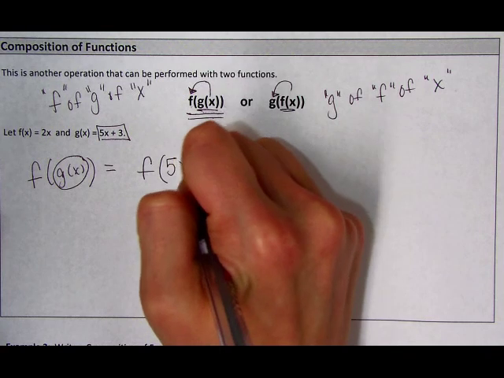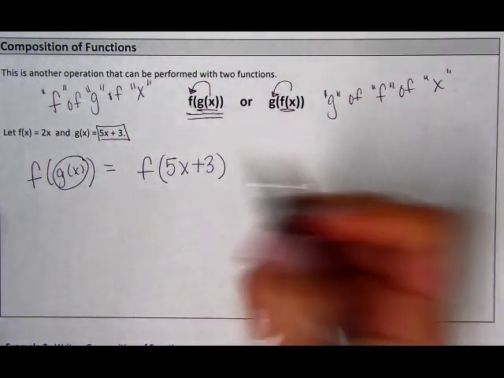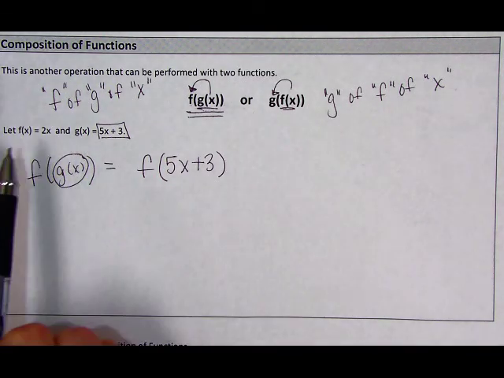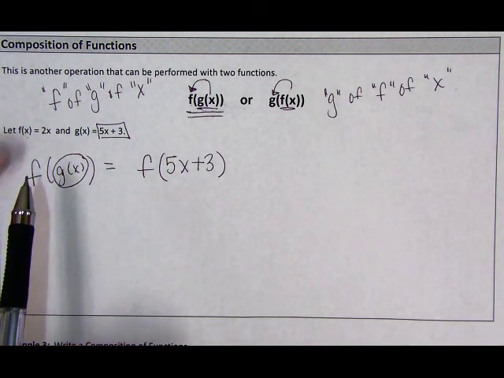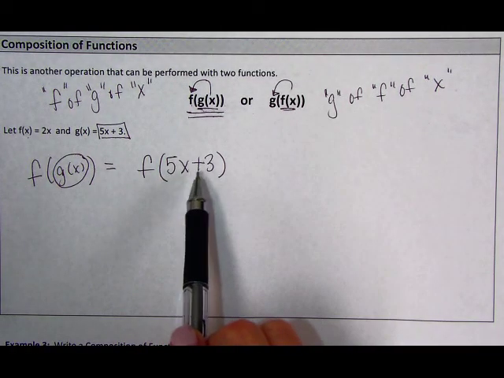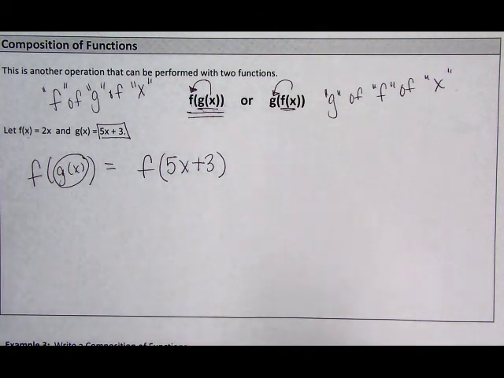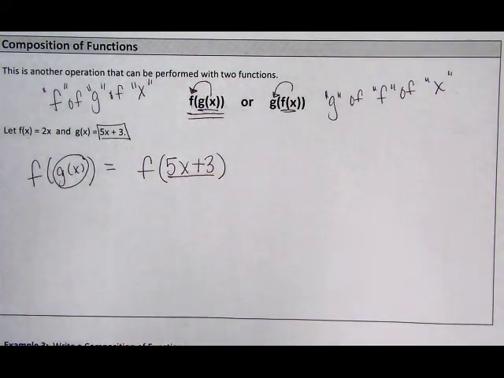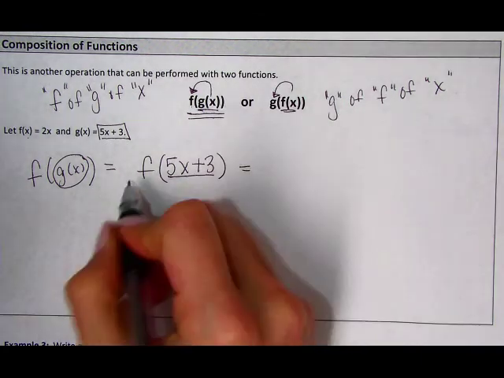So 5x plus 3. Okay, so now we have this guy. What that means is wherever you have your f function, you are plugging in 5x plus 3 wherever you see x. So anywhere you see x, this whole function, 5x plus 3, gets put into that original function of f.